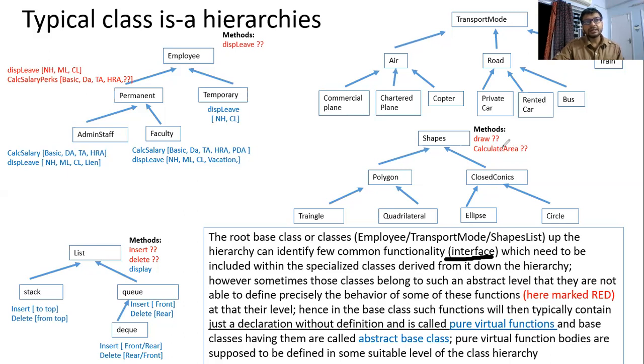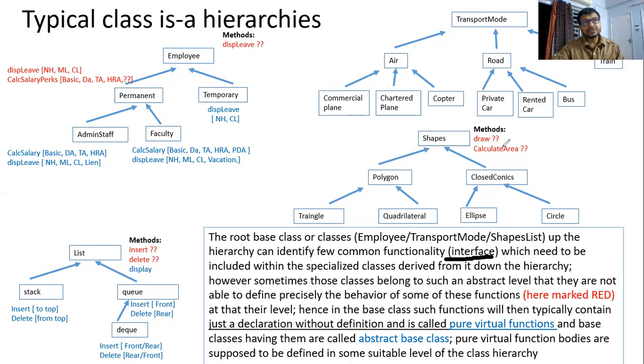Just to make sure that when the derived classes are created from that base class, they are given some footprint, some kind of blueprint of what kind of methods should be there, and their task is just to fill up the details of it.